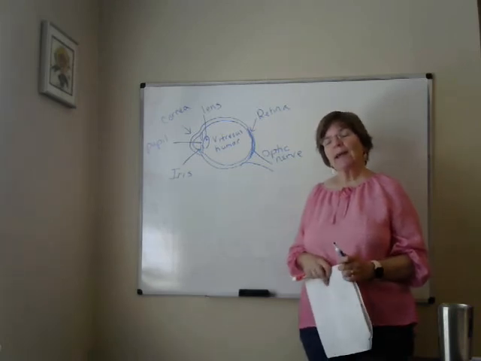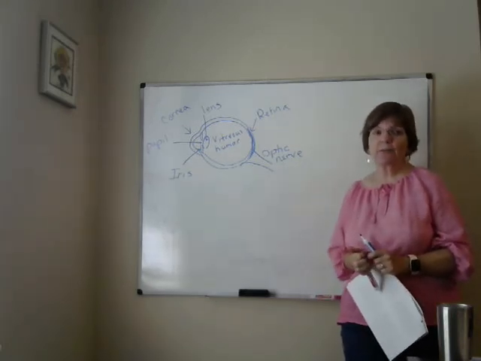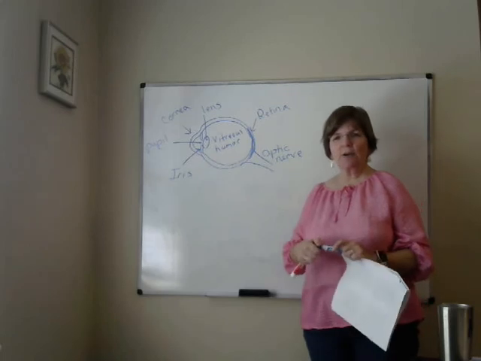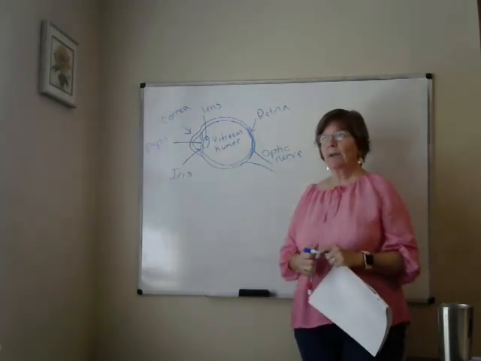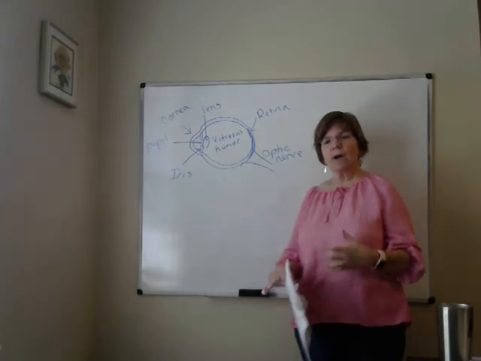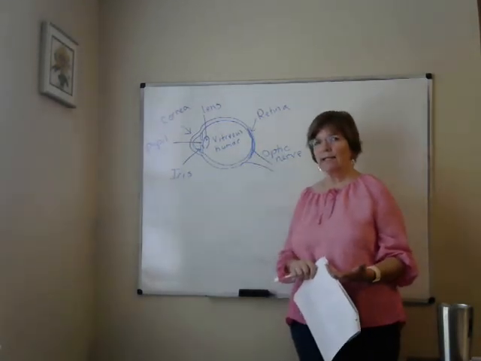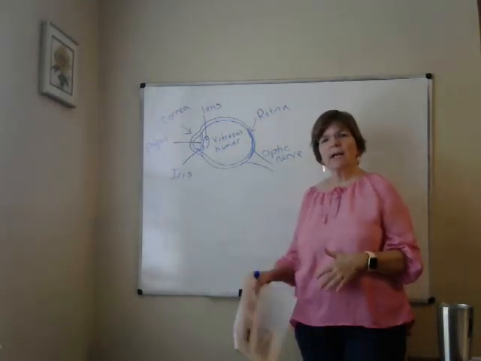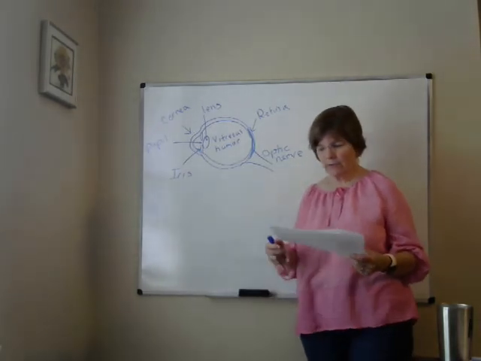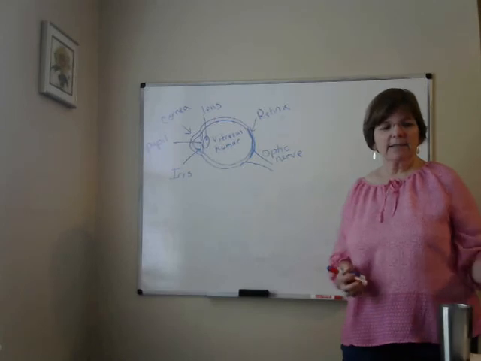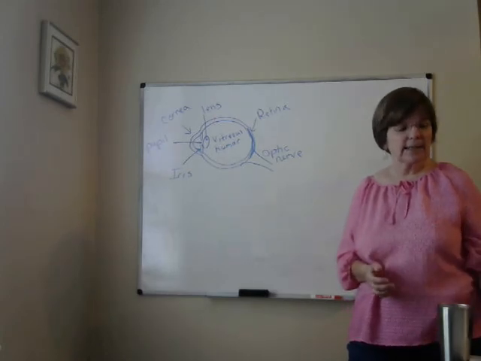I don't know why that ground squirrel is so lucky that it got 3 different types of cones and can see in all different colors, but it's kind of cool. Most animals only have rods, so they see in black and white. Or they may have 1 type of cone or 2 types, but they don't see in the full color spectrum that primates can see, and in particular humans can see.